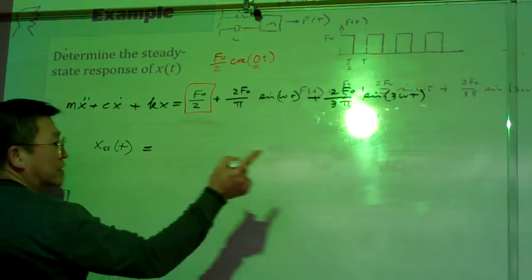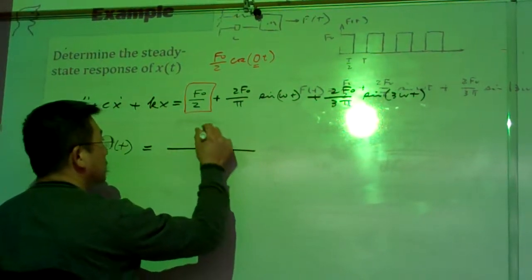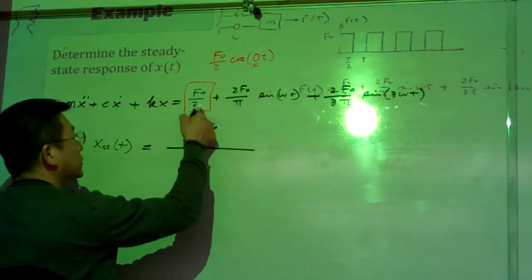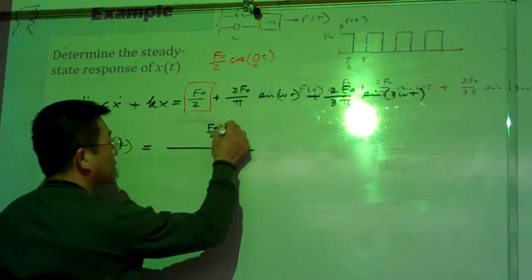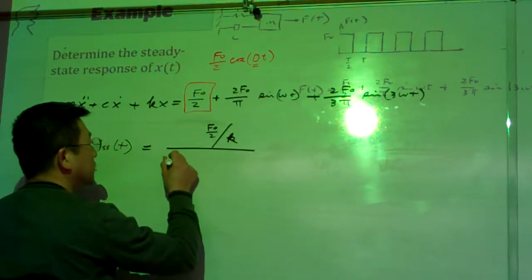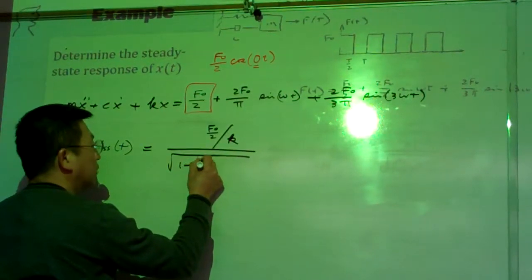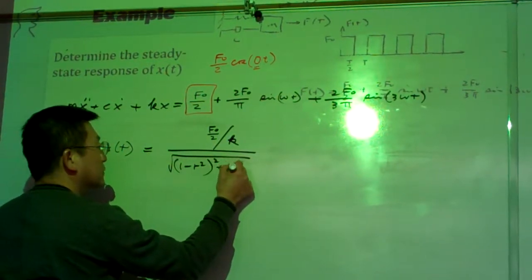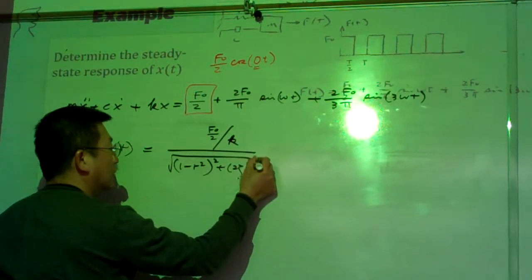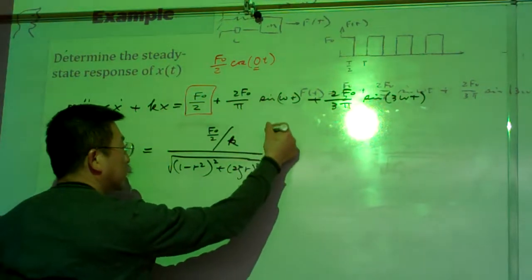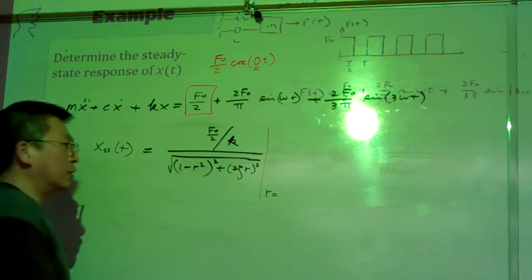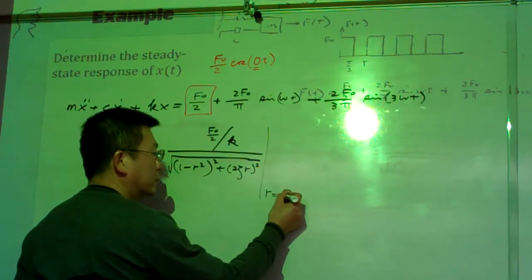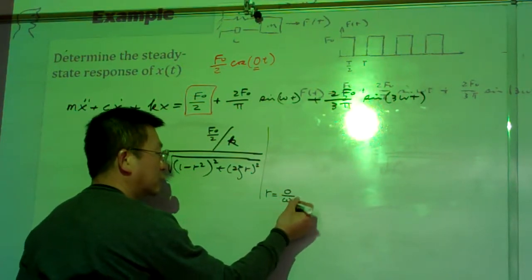So for this case, the magnitude of the force is F naught divided by 2, and then divided by the spring constant. And here is the square root of 1 minus R squared, plus 2 zeta R squared. Let me copy the template first, and then plug in the numbers. For this case, R equals the ratio of the working frequency to the natural frequency.